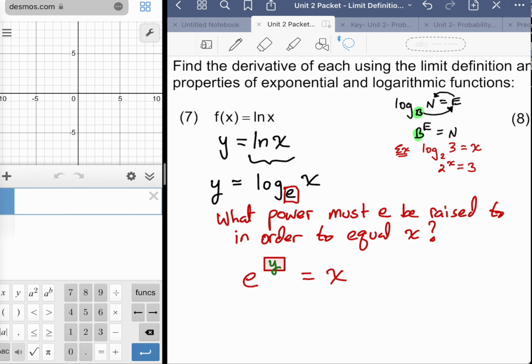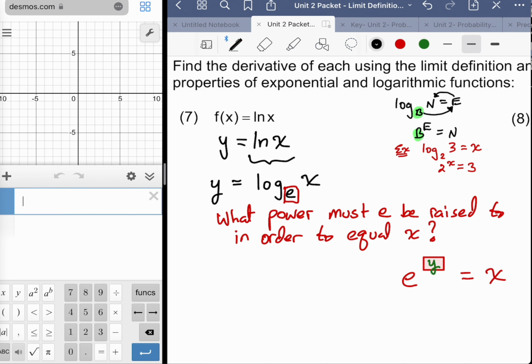Bottom line is, as long as you can convert back and forth between logs and exponentials, you're going to be in pretty good shape. And that's what happened here. If I took log base e of x is equal to y, I'll write it side by side, structured the same way as the rule. The bases will be the same.